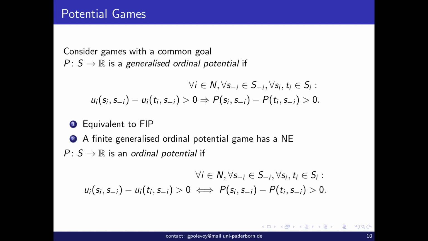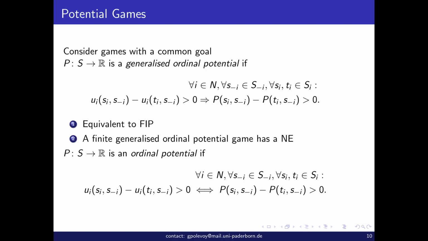We first start with the generalized ordinal potential. Those are sets of games which have such a potential. They are strictly included in one another, so the largest set is the generalized ordinal potential. Potential is a function from the set of outcomes, the strategy profiles, to real numbers.